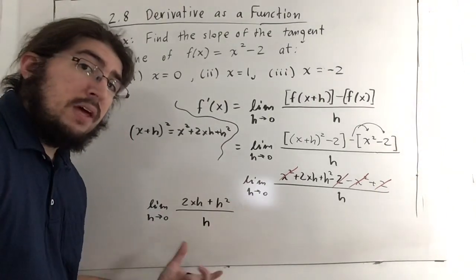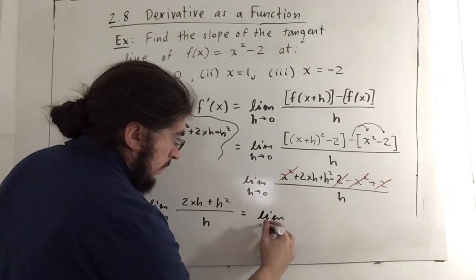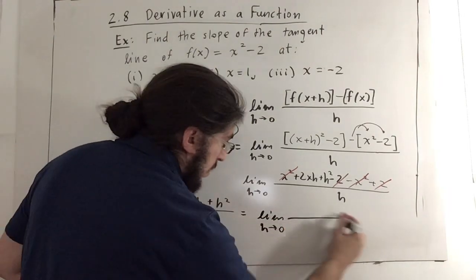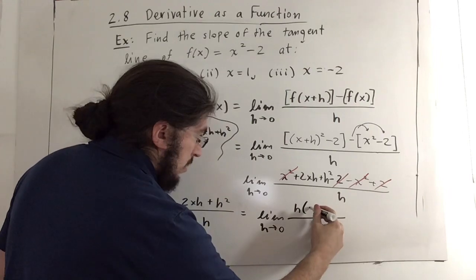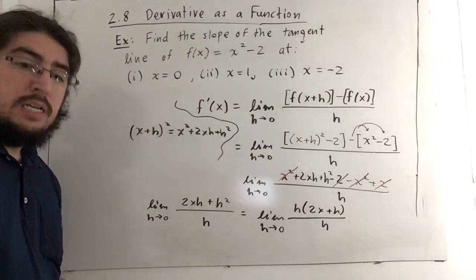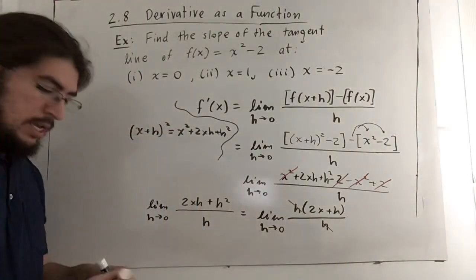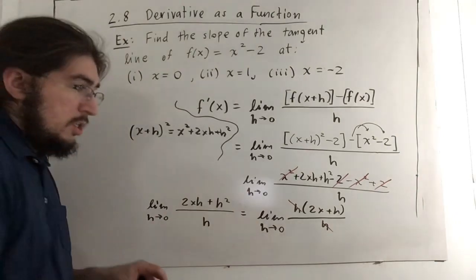On the top, they both have h in common, so if we factor it out, we'll have h outside of 2x plus h all over h. Now we can cancel out the h's. And what we're left with now is just 2x plus h.